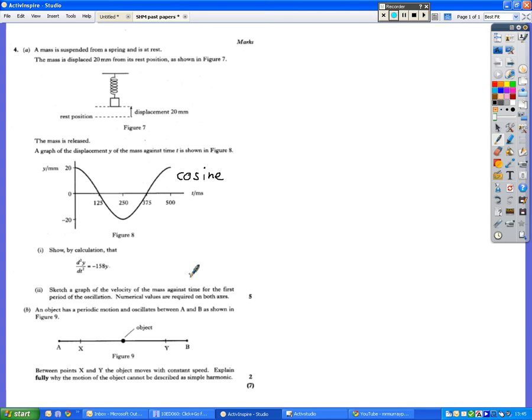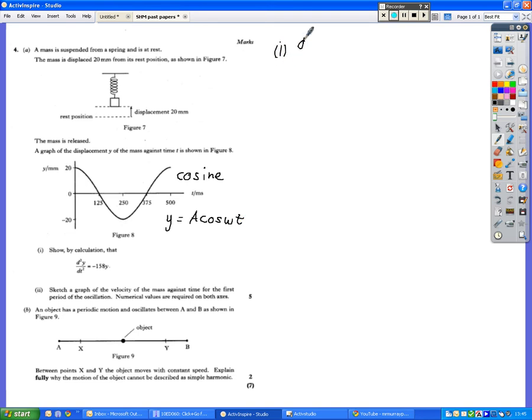So show by calculation that d squared y by dt squared is equal to minus 158y. So we know that an expression for displacement will be a cos omega t. The second derivative of displacement we know is acceleration.